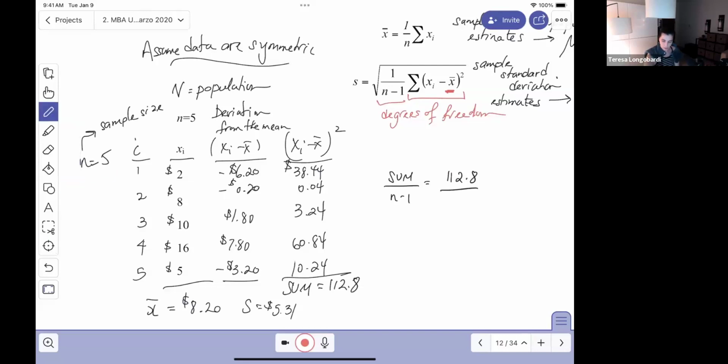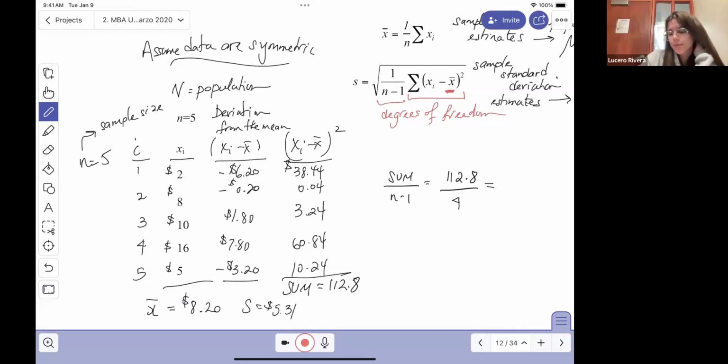So n minus 1 is 4. So what is 112.8 divided by 4? 28.2.